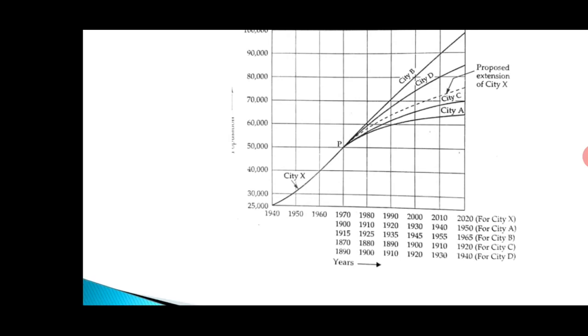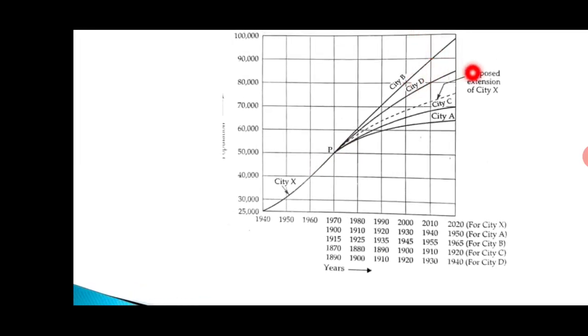and the curve will start from the point P, which represents the present population of city X. So we have plotted the curves of the various cities A, B, C and D. Then we will smoothly extend the curve of city X in between these curves, and it will reach the year 2020.